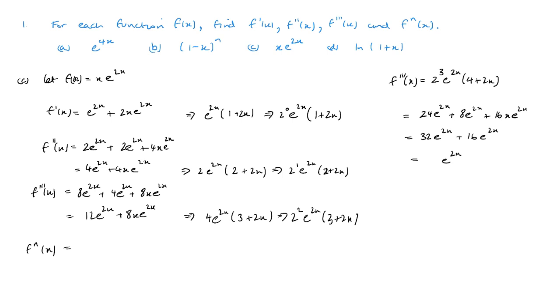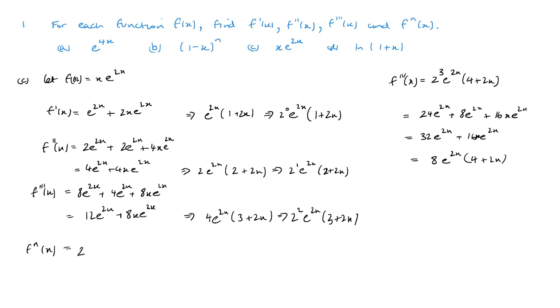So I'll take e to the 2x out, and if I want to keep that as 2x, then it's going to become taking 8 out. So if I take 8 out there, it's going to be 4, and take 8 out. So this will give me 32, and this will give me 16, and this is this. So yeah, that is my plan.